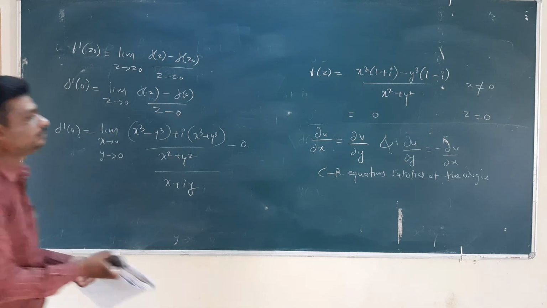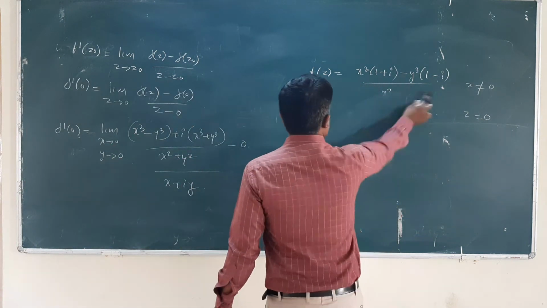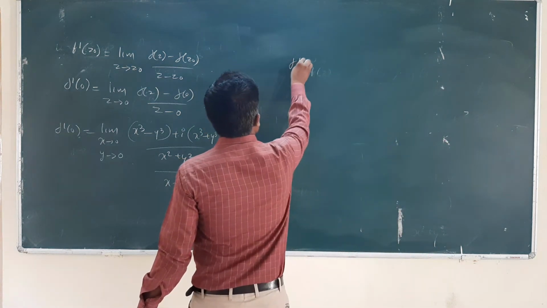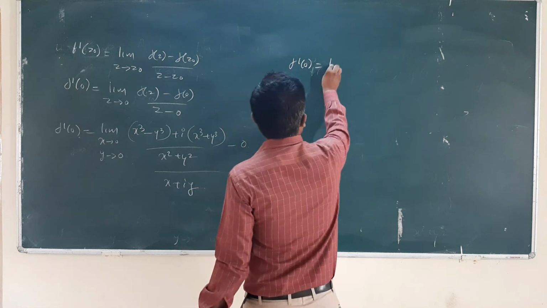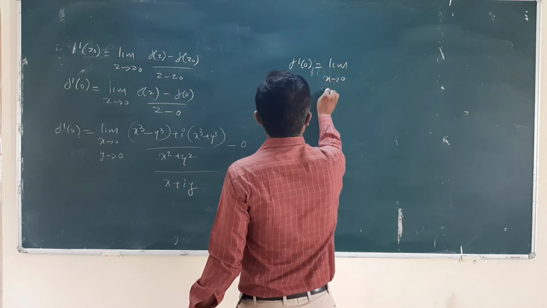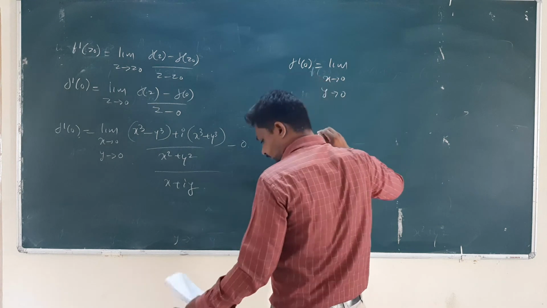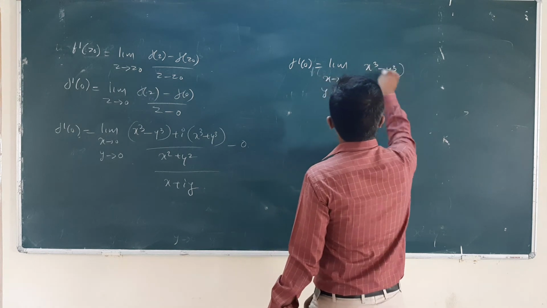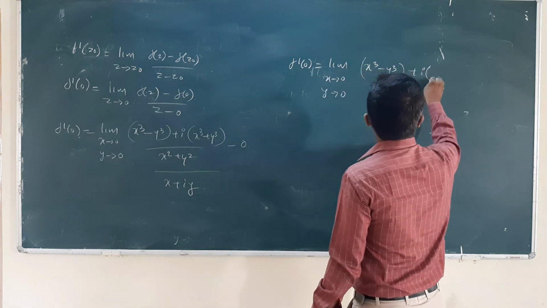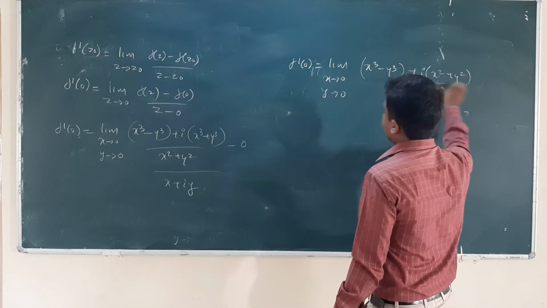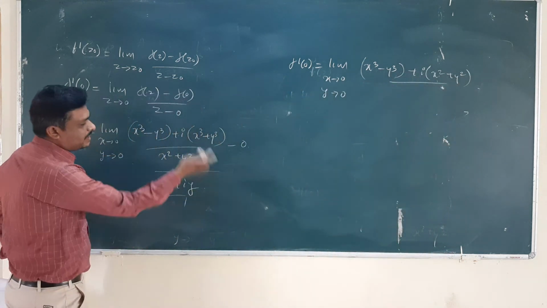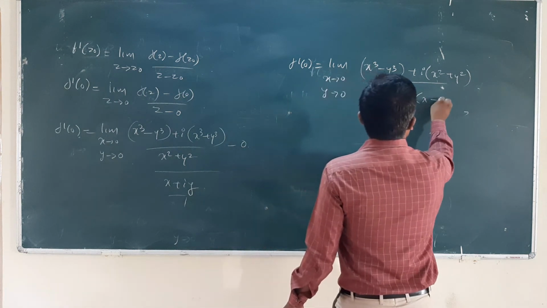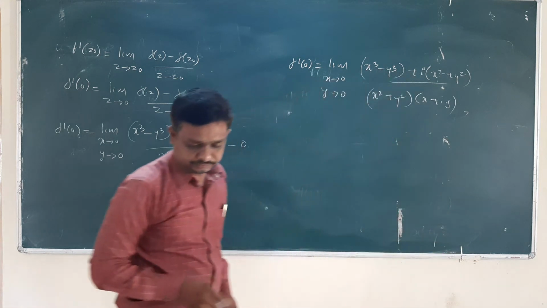So now let's simplify this one. Therefore f dash of 0 is equal to limit of x tends to 0, y tends to 0, of (x cube minus y cube) plus i into (x cube plus y cube) upon, taking x plus iy to the denominator, (x square plus y square) into (x plus iy).